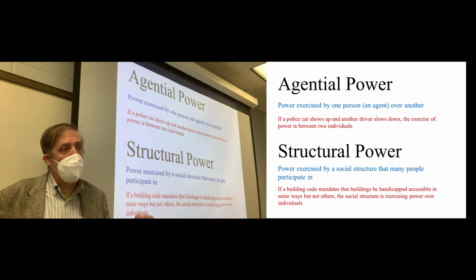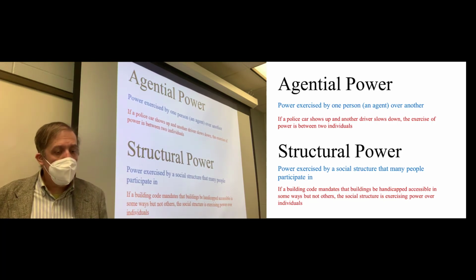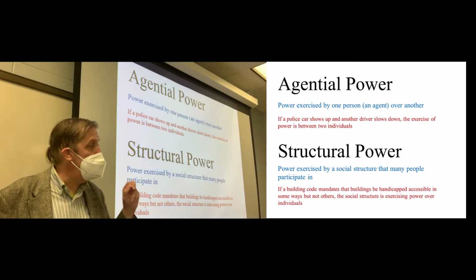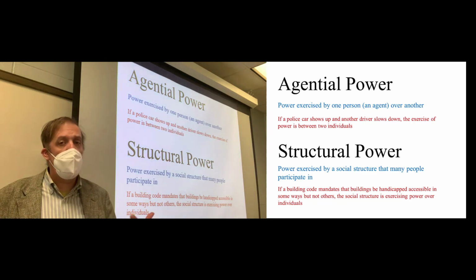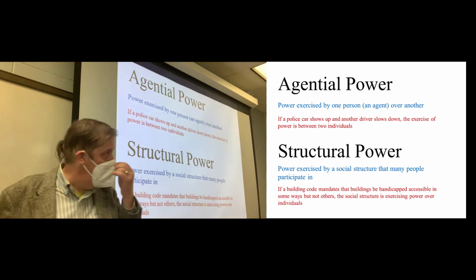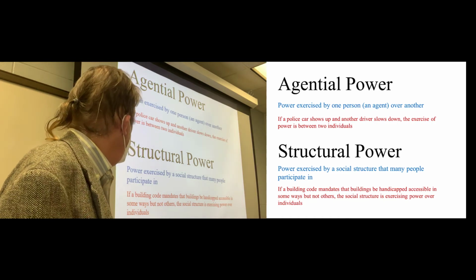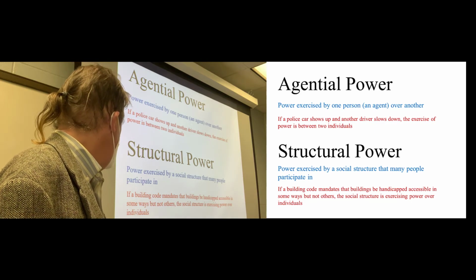A lot of power is far more diffuse than that, right? Structural power is power in social structures. We define structural injustice as an injustice that happens through a social structure that many people participate in, right? We can also talk about the power of that structure. Power exercised by a social structure that many people participate in is structural power, and this is a pervasive form of power.